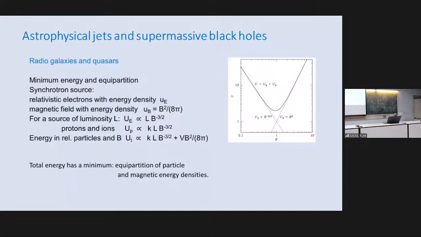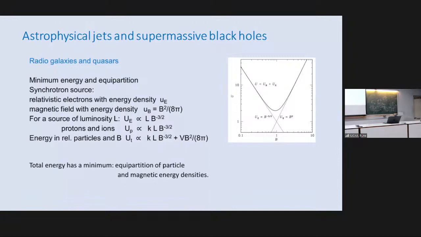So for a given luminosity, the total energy in electrons varies as luminosity multiplied by B to the power minus 3/2. So what this graph is showing you is the total energy as a function of magnetic field values.